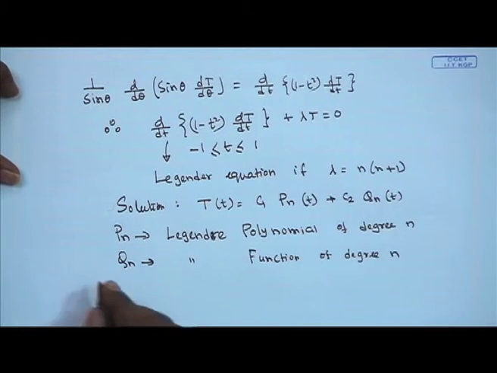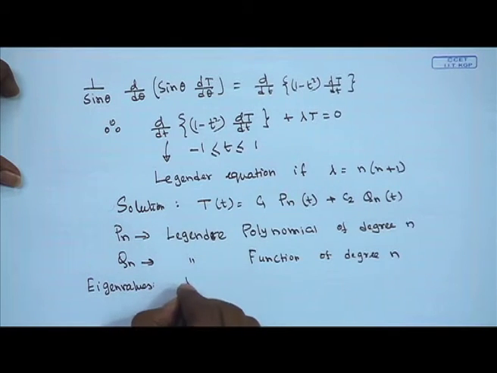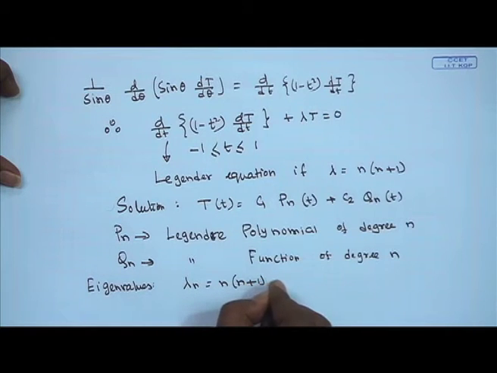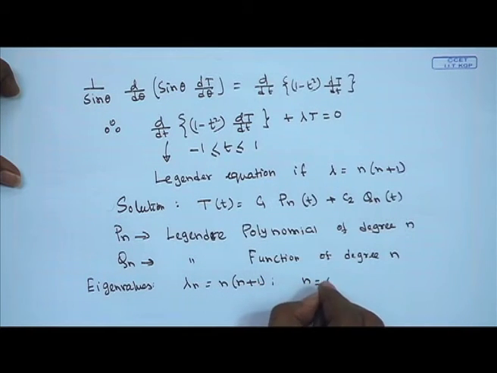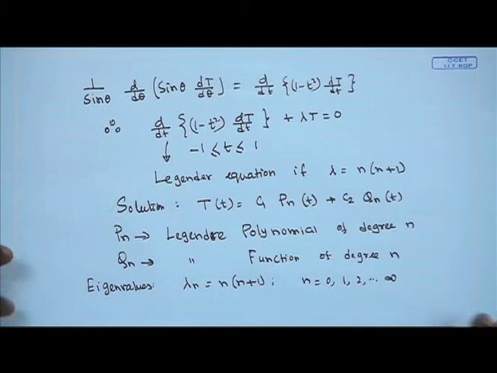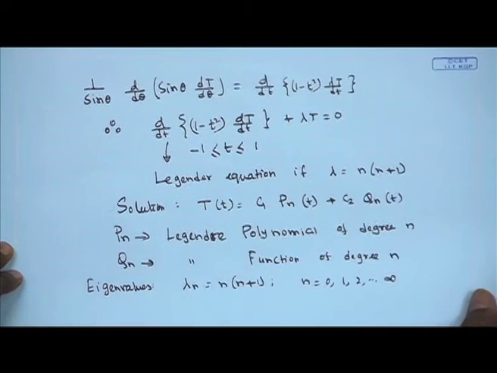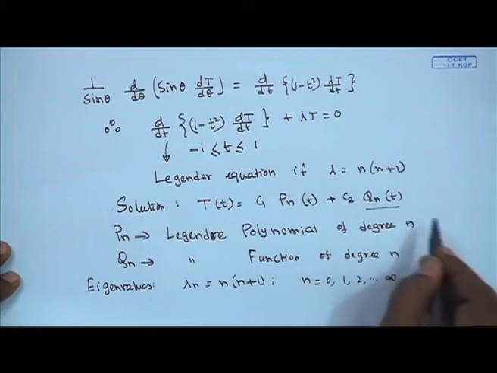Now, eigenvalues are lambda n equal to n into n plus 1, where n runs from 0, 1, 2 up to infinity, and we know the property of Qn, that Qn is unbounded at t equal to plus 1 and t equal to minus 1, but we have a finite value of the solution.